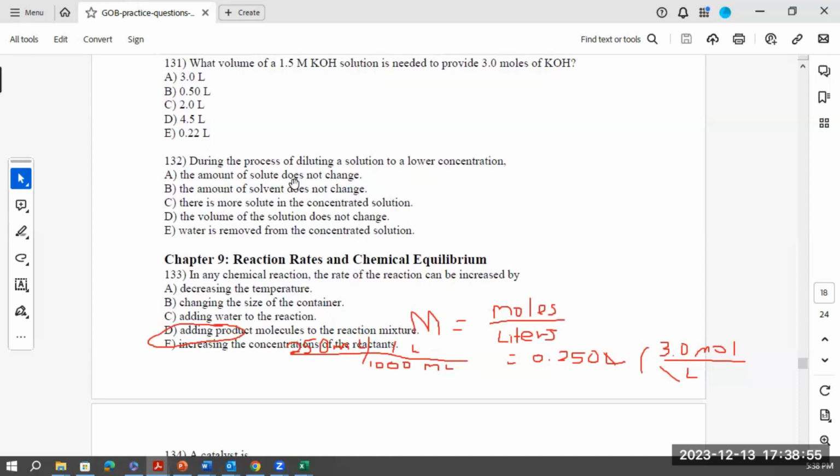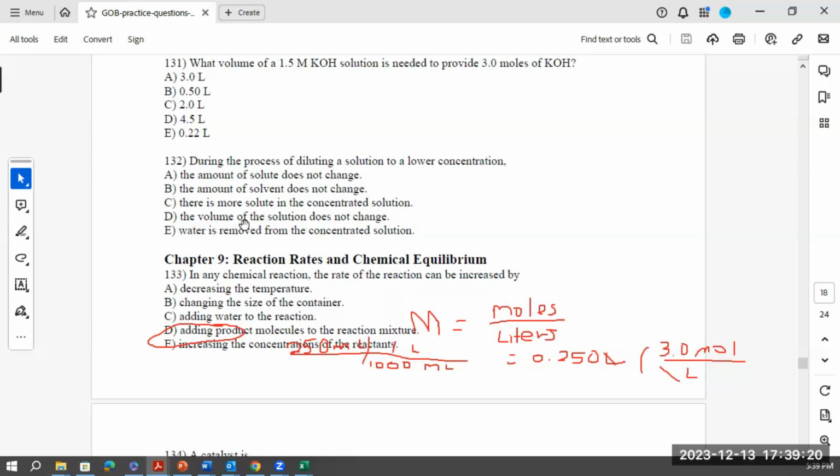During the process of diluting a solution to a lower concentration: A, the amount of solute doesn't change. B, the amount of solvent doesn't change. C, there is more solute in the concentrated solution.